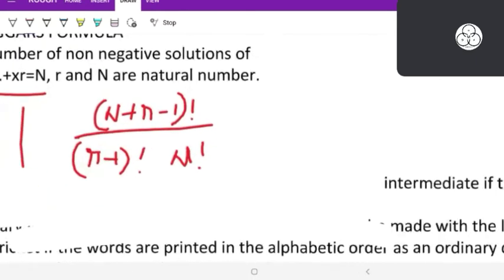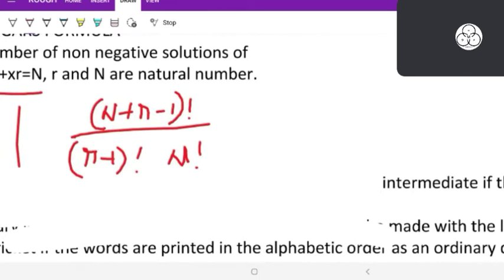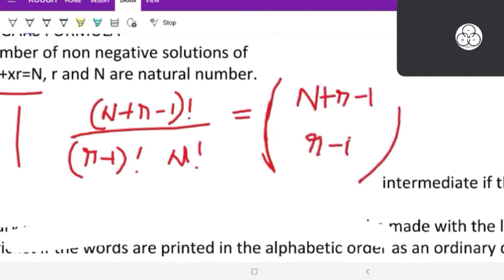If we clearly visualize it, we will get that this is simply n plus r minus 1 choose r minus 1.